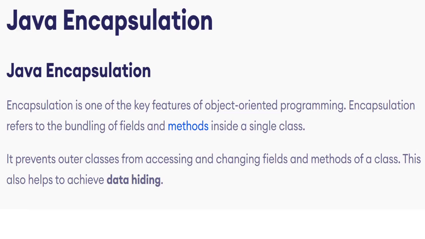It prevents outer classes from accessing and changing fields and methods of a class. Obviously we can also use private data members for it, and encapsulation is also used to achieve data hiding. We can have different methods like getter method and setter method, using the this keyword, right?